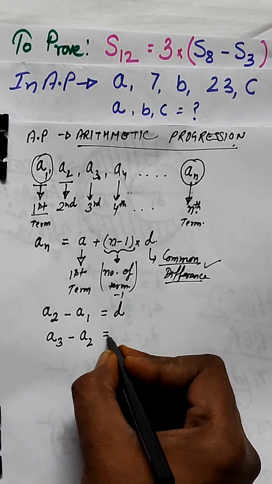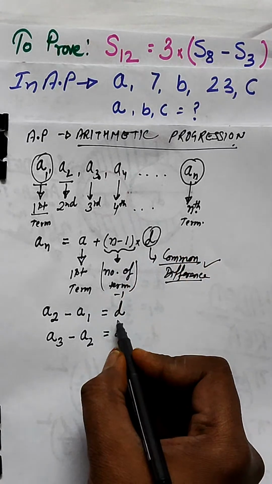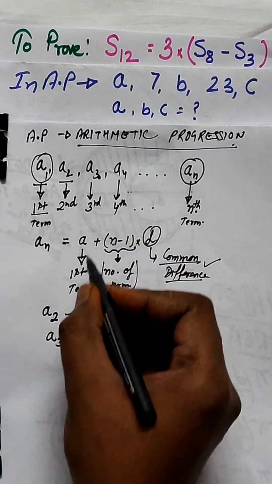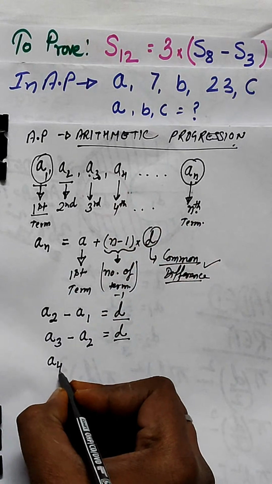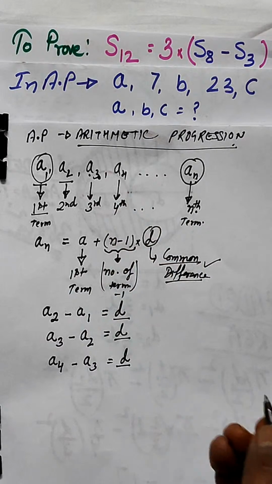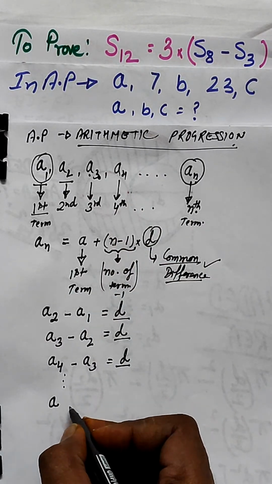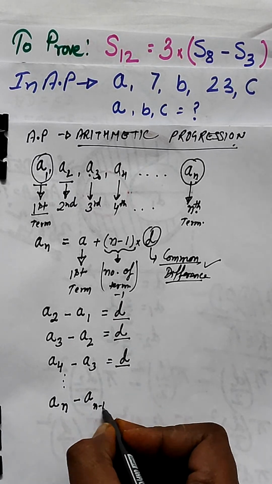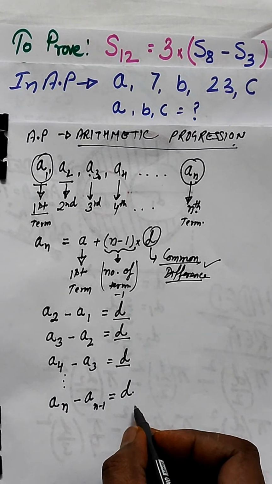Then this will give you D. This is the same D, this common difference. You can mark it. So if you take the third and fourth consecutive terms, it will be A4 minus A3. This will also give the value of D, right? Similarly, if you consider nth term and subtract the n minus 1th term from it, you will get the value of D, right?